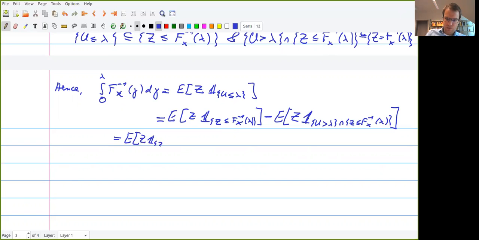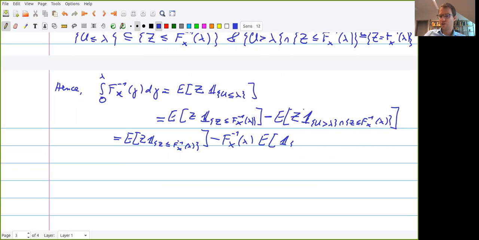So let's keep this one because this looks good. Right, but if I'm on this event, I know my z is equal to f inverse of x lambda, and then the expected value of this indicator function.